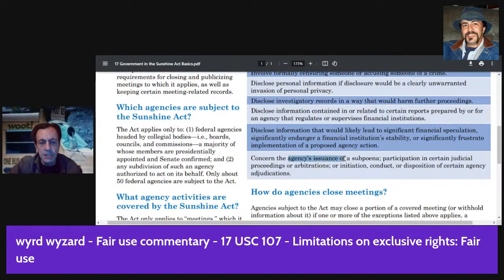Concern the agency's issuance of a subpoena, participation in certain judicial proceedings or arbitrations, or initiation, conduct, or disposition of certain agency adjudications. Again, in the bench warrant, you found no disposition records.